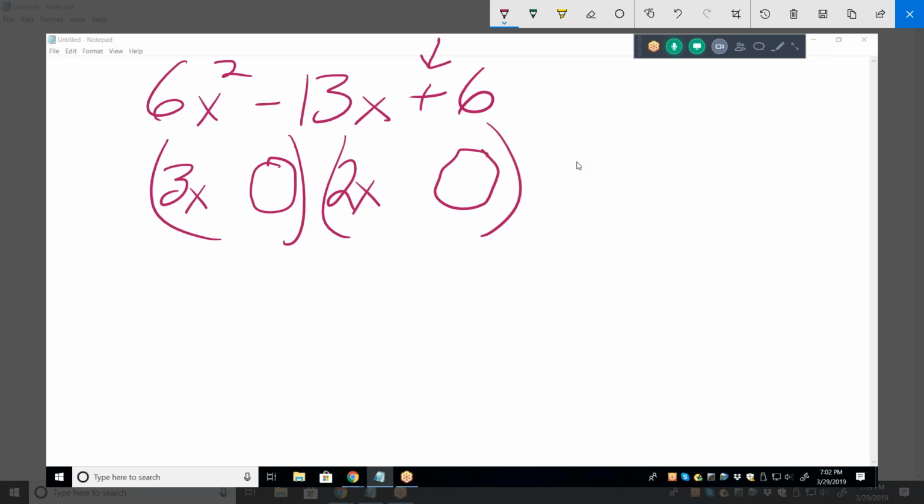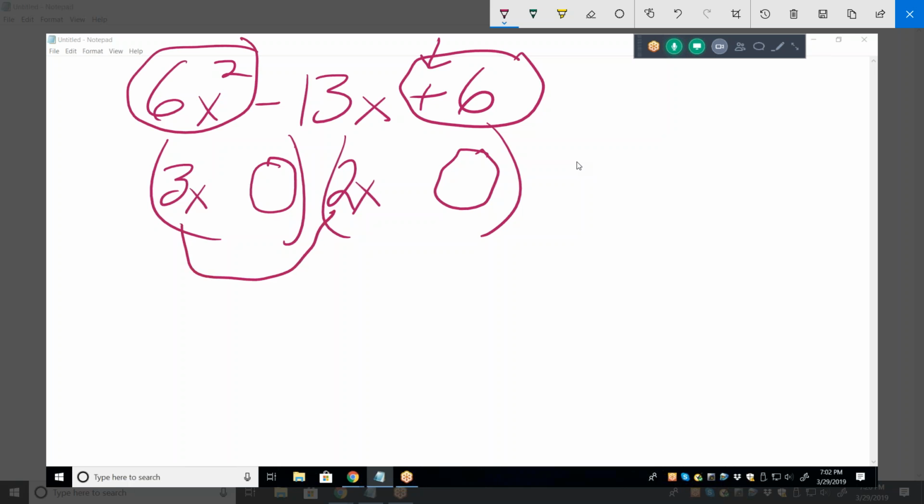Whatever that number is, it produces that. Just like the first number is produced by this times that only, nothing else. So if I have a plus 6, then I can't have a plus and a minus. A plus and a minus would produce a negative number.